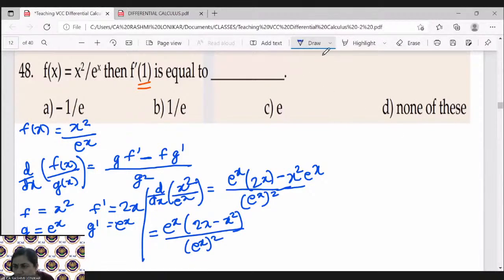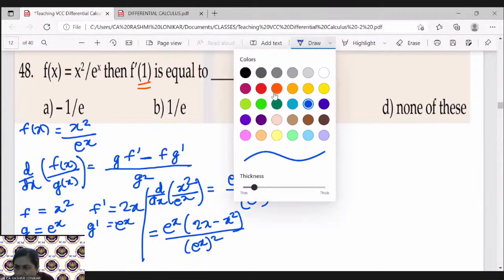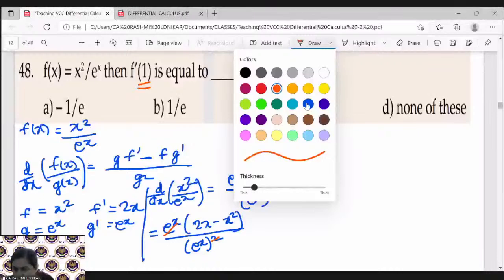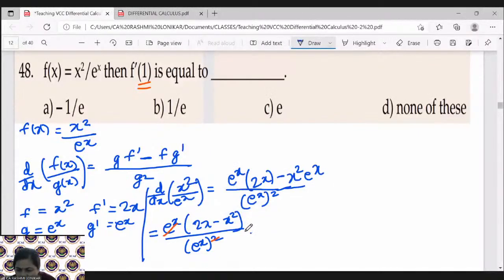Okay. So what I can do here, because in the denominator I have 2 e raised to x, I will cancel 1 e raised to x with 1. Okay. There will be 1 e raised to x remaining. So what will I have here? This is equal to 2x minus x square upon e raised to x.